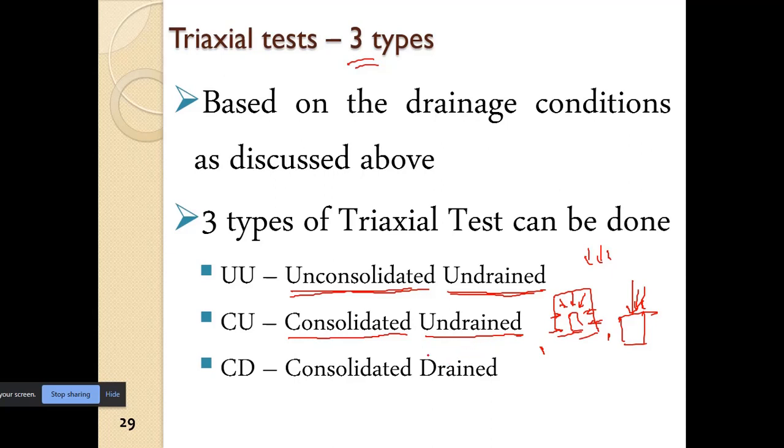Now of course in the third case, when drainage is allowed at all stages, we have the consolidated and drained shearing, all right. So a consolidated sample and drained shearing of the sample.